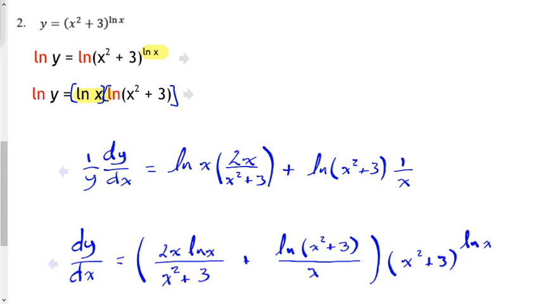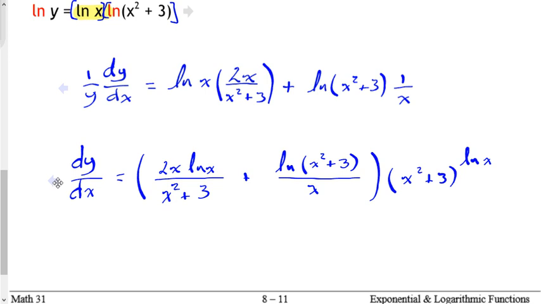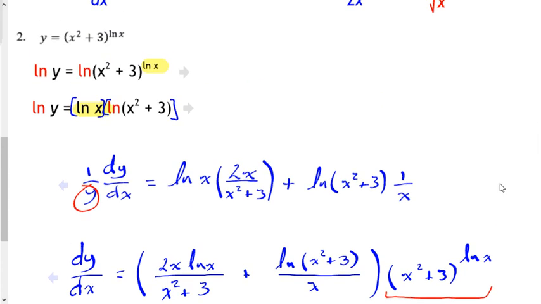Then finishing off the question, there are a few things that happened. First of all, this y that was in the denominator got multiplied up to the right, and right away I replaced it with what y was equal to in our original equation. So here we knew that y was equal to x squared plus 3 all to the exponent x.